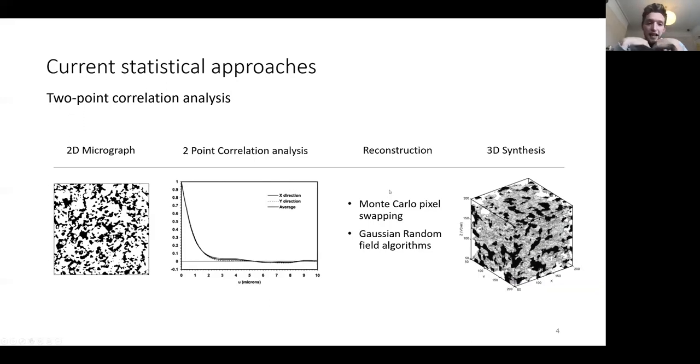But again, there are issues with this approach, mostly because this function is degenerate. There's no unique mapping from a 2D micrograph to a two-point correlation function. There could be loads of different microstructures which have the same two-point correlation but aren't necessarily realistic. So that's the downside of this approach.